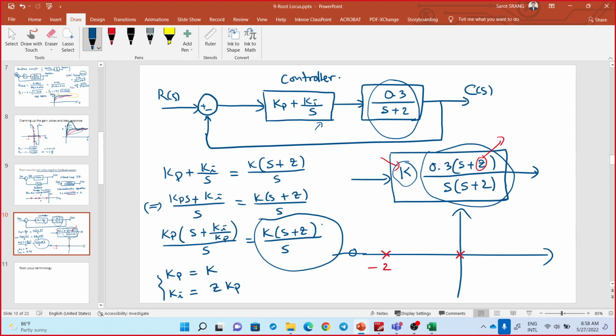So maybe here, maybe here, right? Actually, as far as I know, the zero should be around here. No big deal, just put here, no problem. Far away here. We are able to find the right value of K so that we have good performance of the system.